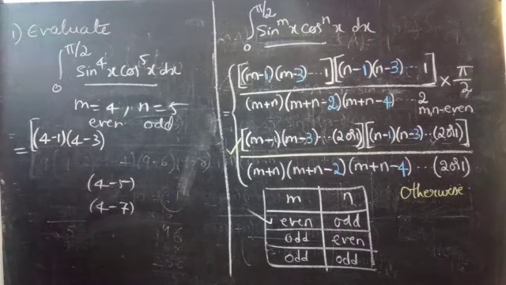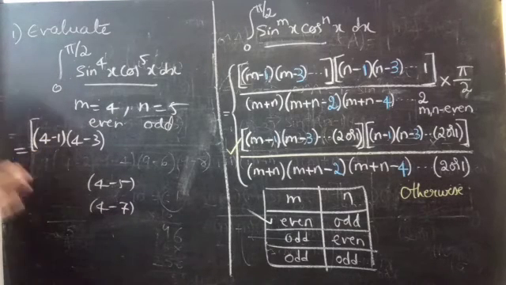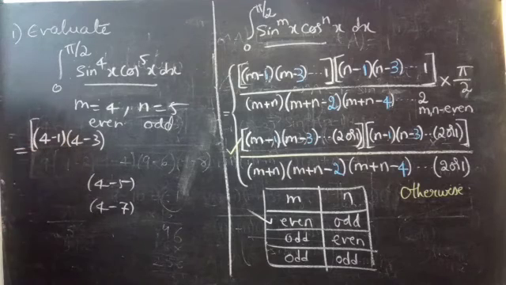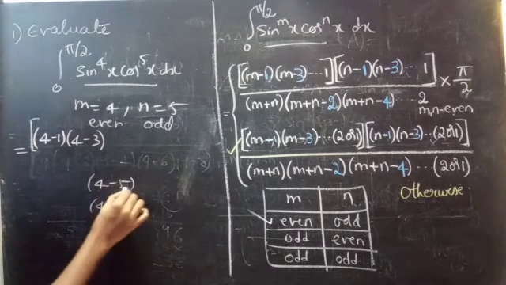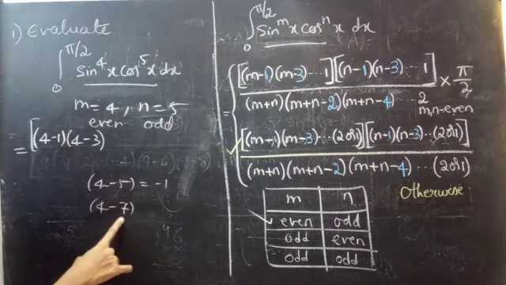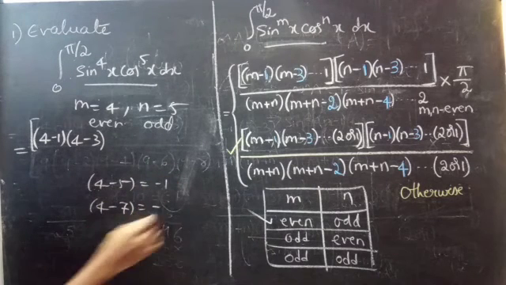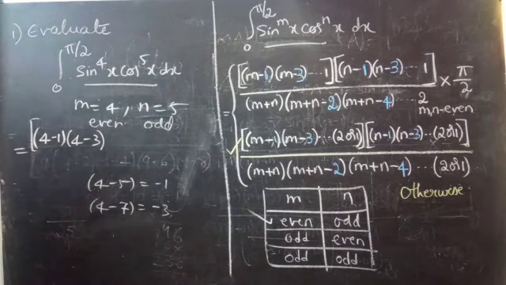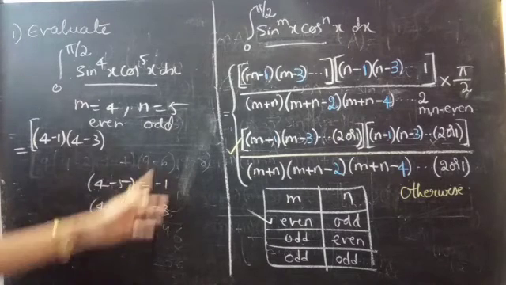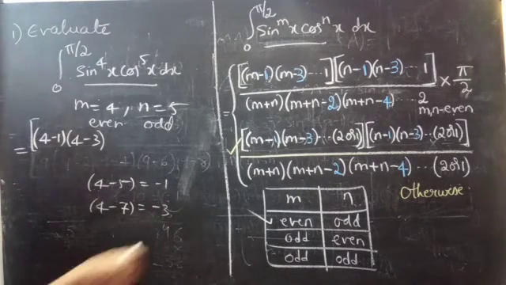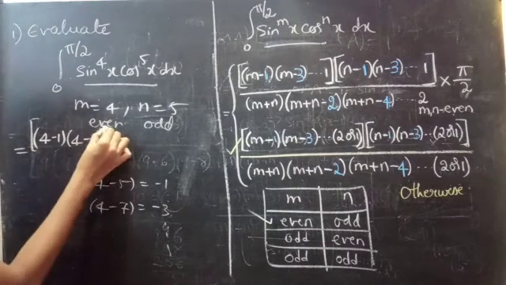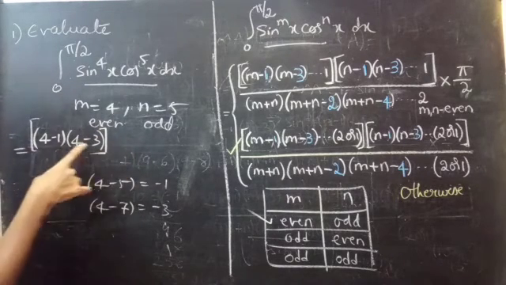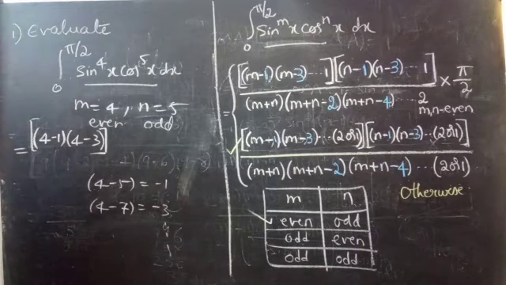Since you are subtracting odd numbers in the numerator, 4 minus 5 is minus 1 and 4 minus 7 is minus 3, so you will get negative numbers here. So you'll stop at 4 minus 3.